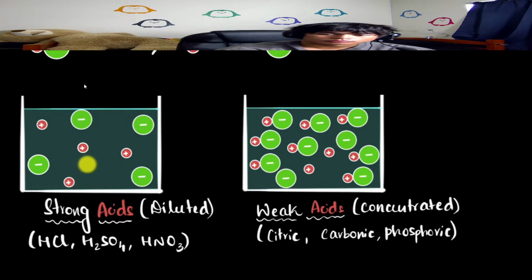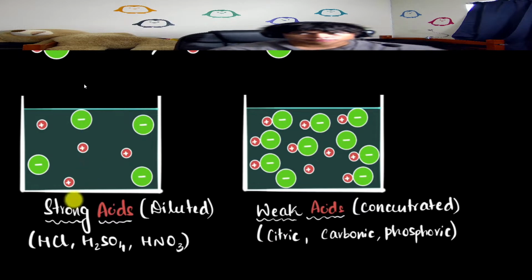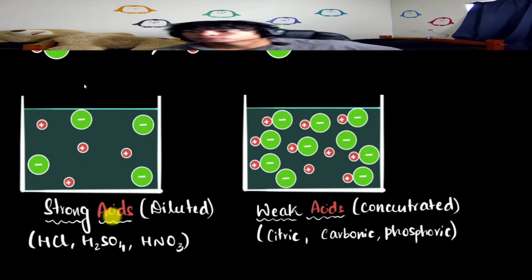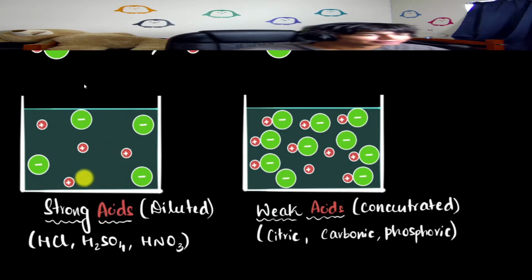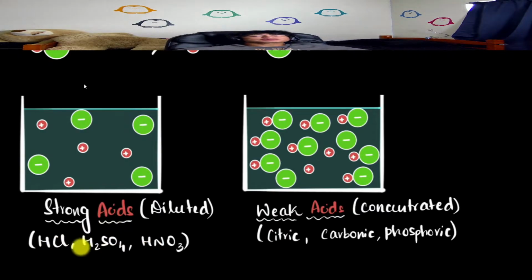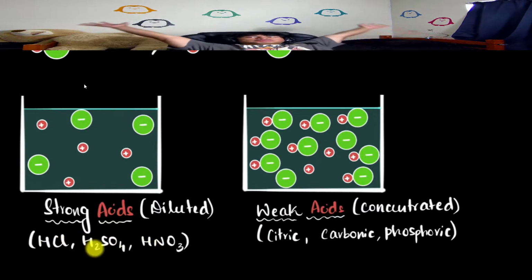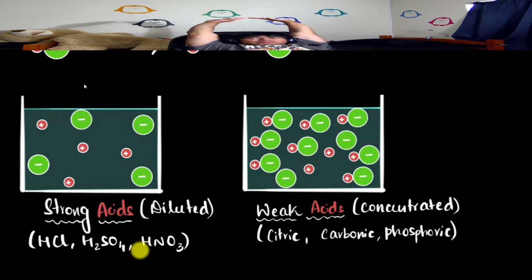Now imagine, what if I had concentrated strong acids? Oh, you'll have a lot of H+ ions and you probably want to stay away from them. So this is why these acids can be super dangerous if they are very concentrated.